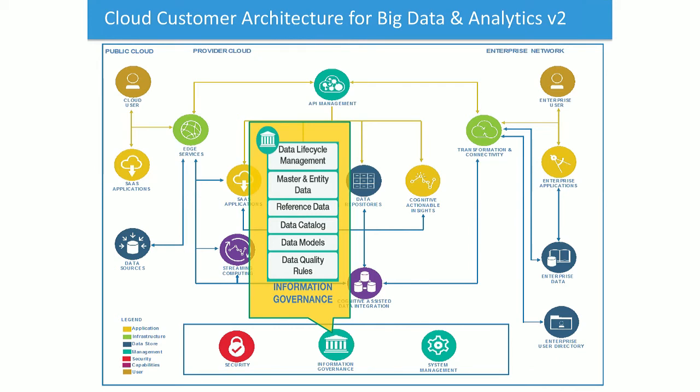And then we have master and entity data. This is where MDM comes into play as well, so that it really provides a single trusted view of critical business data. So that's very critical. And you have reference data, and the log data, where you can really see what happened to the data. It really helps us understand the lineage as well.